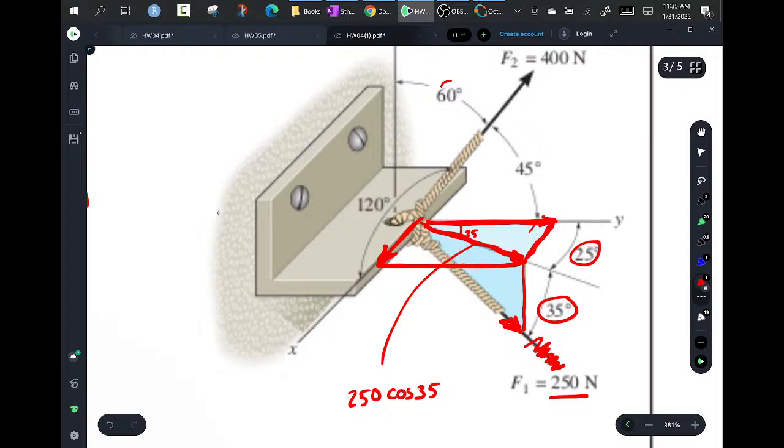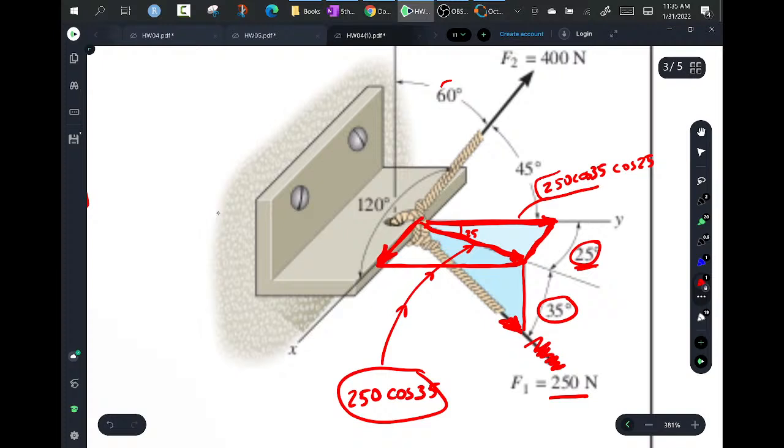So what you would find is a triangle, where that is the hypotenuse, and it's 25 degrees, and you want to get this. So this, in fact, would be 250 times cosine 35, because that's what this one is, times another cosine of the 25.